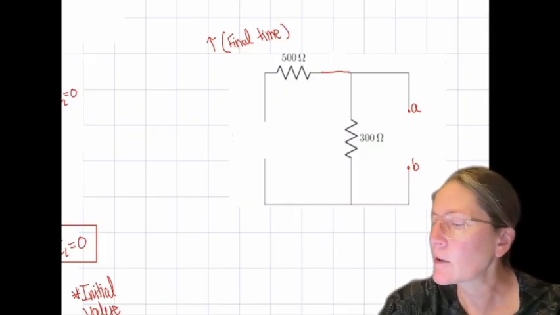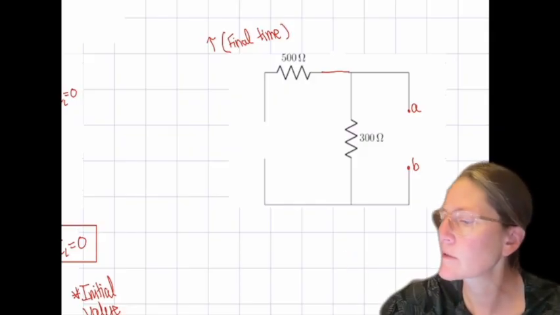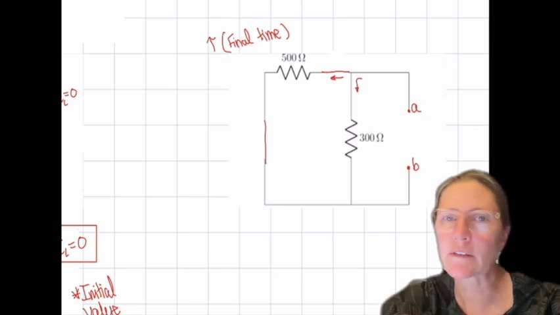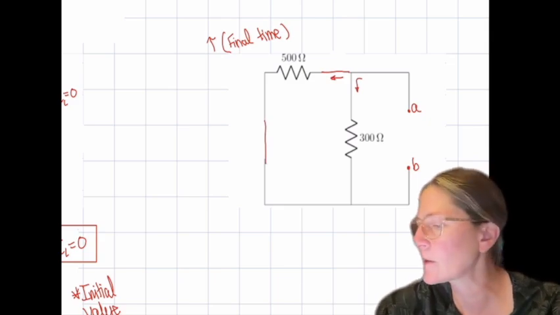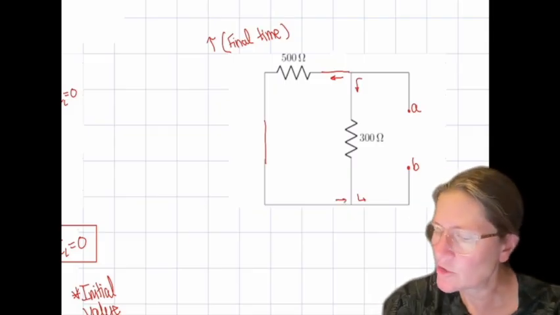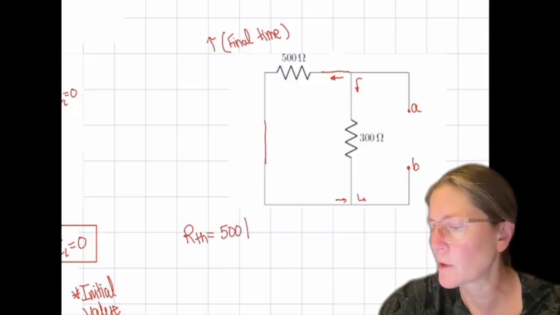And then we remove all of the independent sources. This becomes a wire. And then I can see here that these split, so it's going to be these two in parallel and then they join again. So RTH is going to be 500 in parallel with 300.